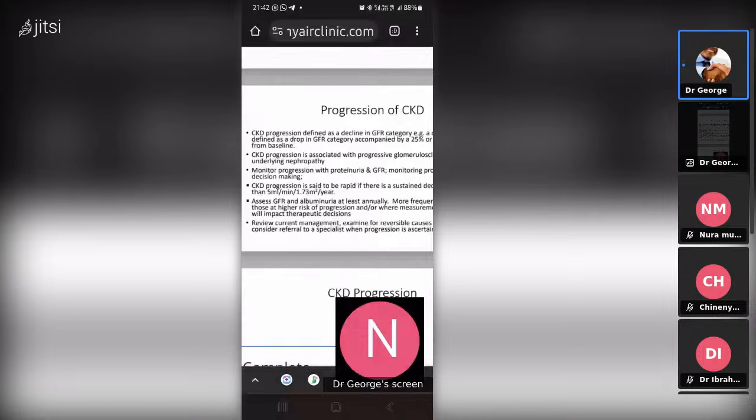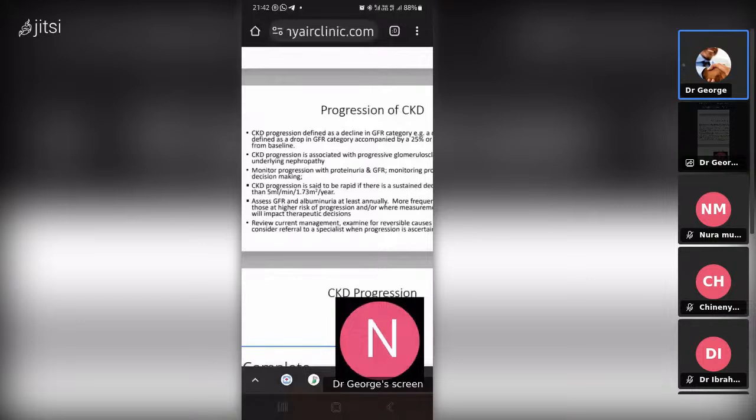End stage, of course. Then biomarkers that are very important for CKD patients. Traditional biomarkers include creatinine, cystatin C, and proteinuria. Okay. The novel biomarkers, there are new biomarkers. I've talked about this before. You need to read up this topic, these biomarkers, because it can come in your MCQs.